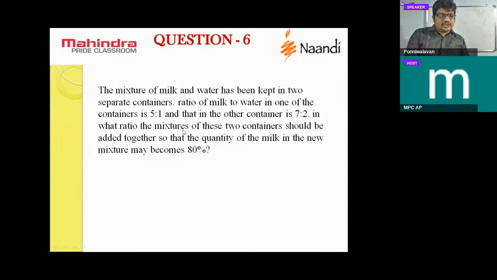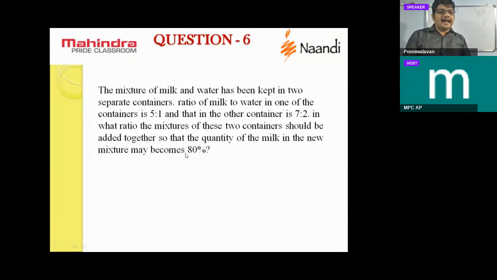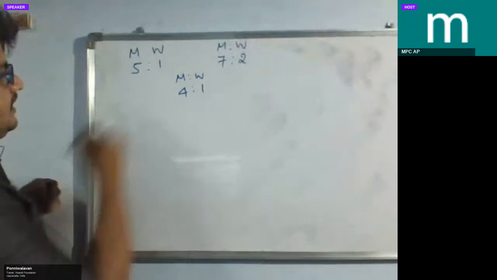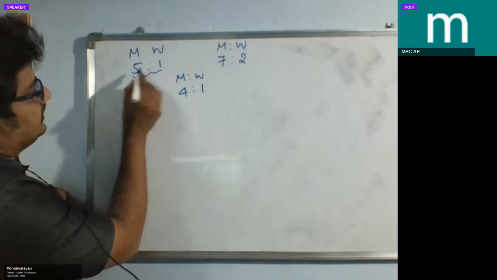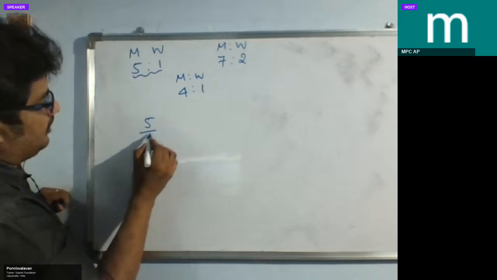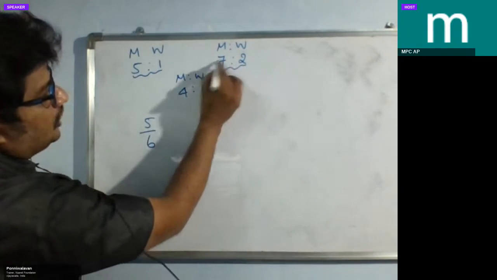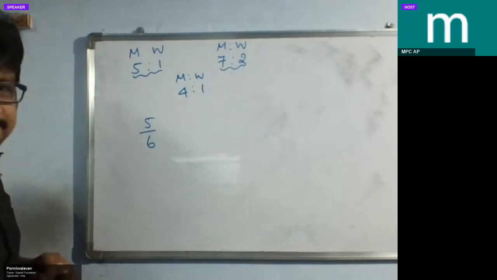In what ratio should the mixtures of these two containers be added so that the quantity of milk in the new mixture is 80 percent? Okay, listen. This is 6, out of which milk is 5, so it is 5 by 6. Here, totally 9. What is milk then?